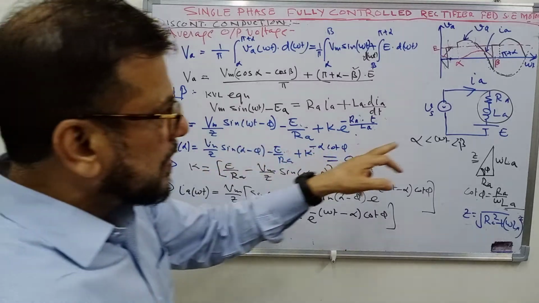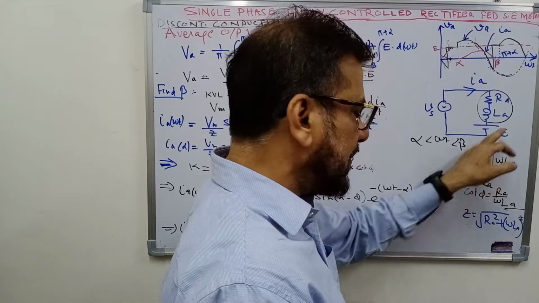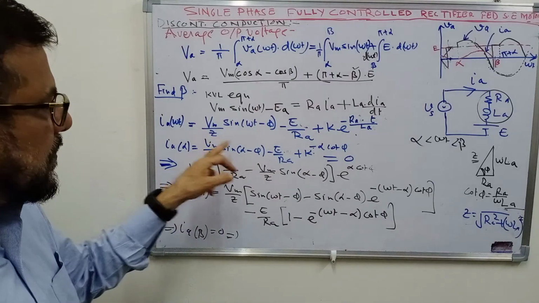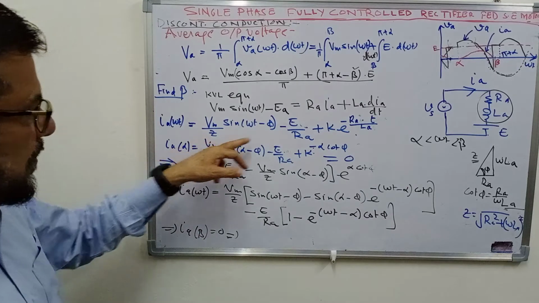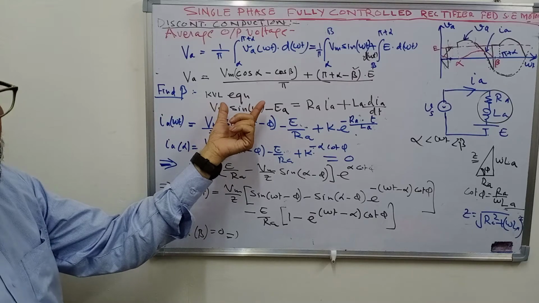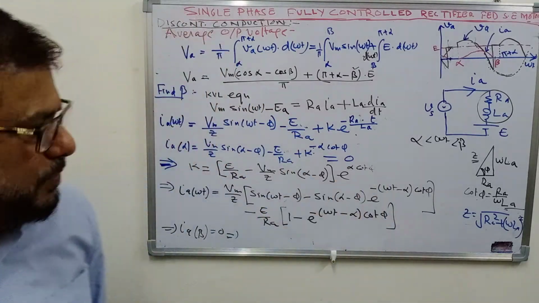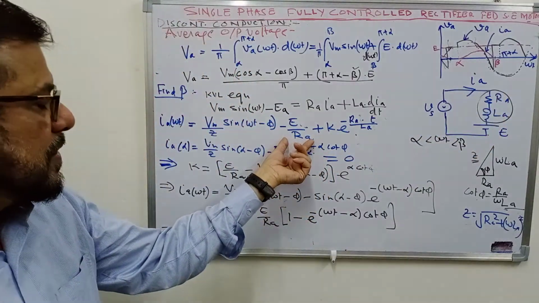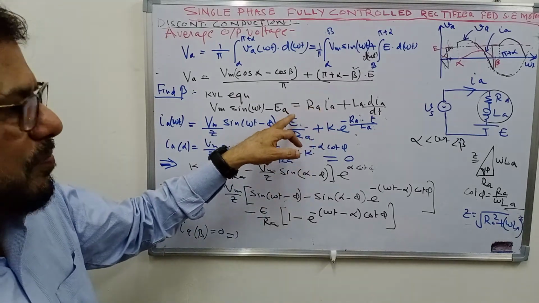Phi depends on the values of RA and LA; it is nothing but the angle of this impedance triangle, and it is known to you from the inductance and resistance. So this is the first term, the steady state solution corresponding to the AC source. Then corresponding to the DC source, the steady state current will be equal to minus E upon the resistance RA. This is the second term, the steady state solution corresponding to the DC source minus E.